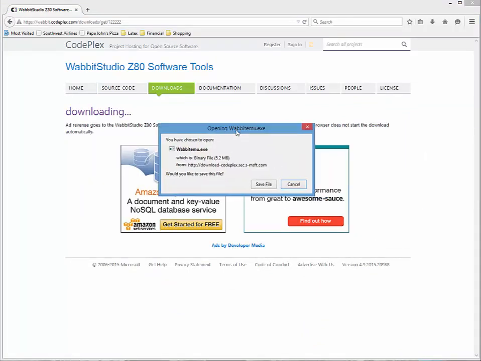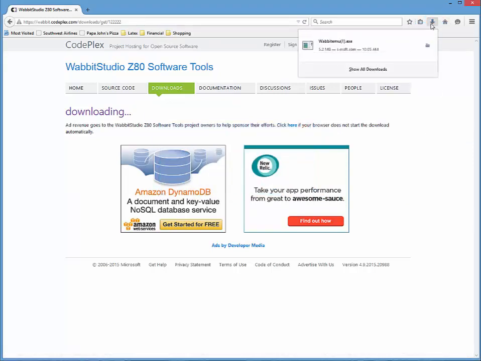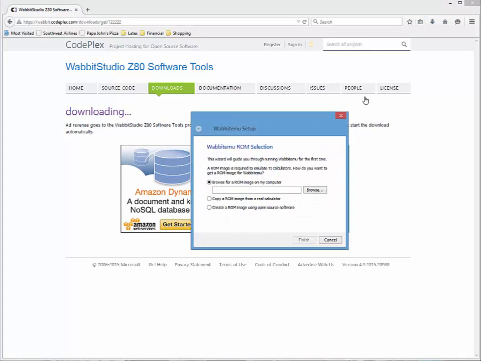And it gives me this guy right here, so let's save file and open her up. Now you'll get this dialog box here, and what you want to select is create a ROM image using open source software.